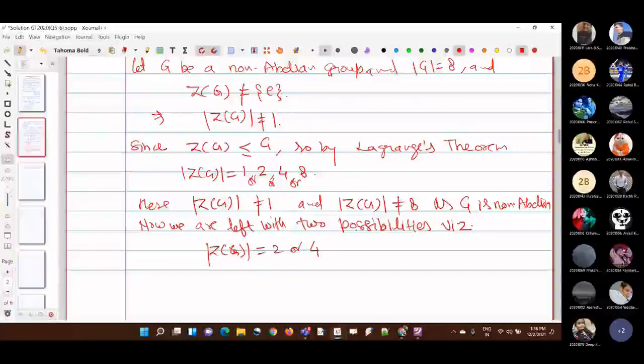So if we can prove that either 2 is not possible or 4 is not possible, we come to the conclusion that the other one is possible.